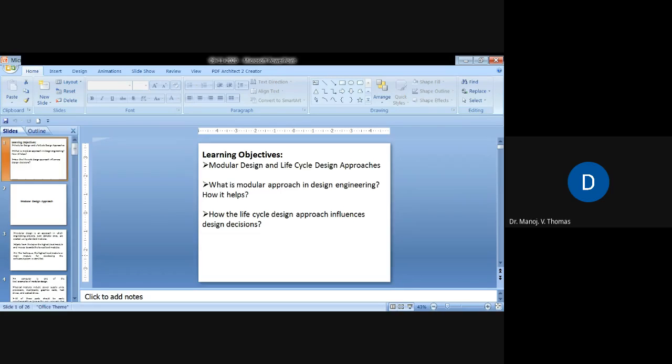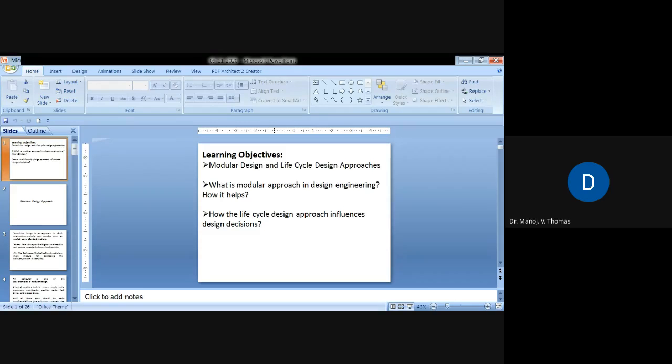Those aspects are taken care of in the life cycle design approach. So the designers will design a product which is environment friendly, which is sustainable, which does not harm our environment, our air, water, or soil, isn't it? So that is the idea of life cycle design. That is the concept of modular design and life cycle design approach.